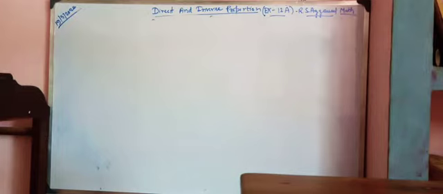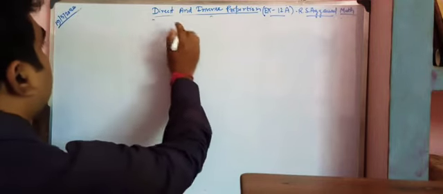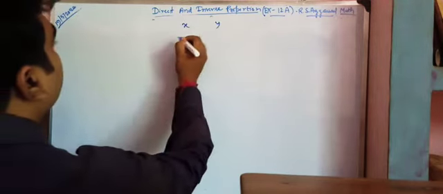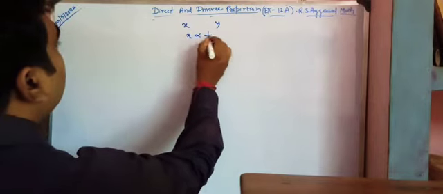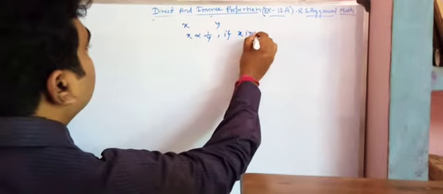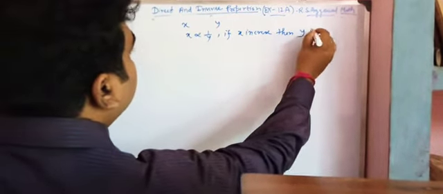Now, a quick reminder: what is inverse proportion? Inverse proportion means if we are comparing two quantities x and y, then x varies as 1 by y. That means if x increases, then y decreases.